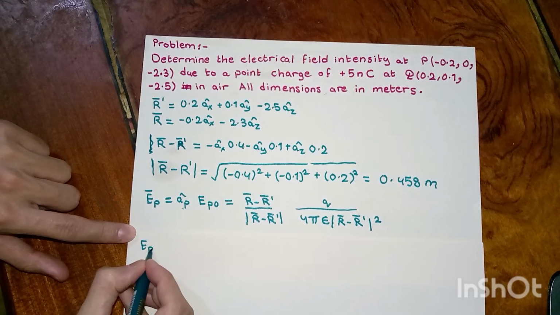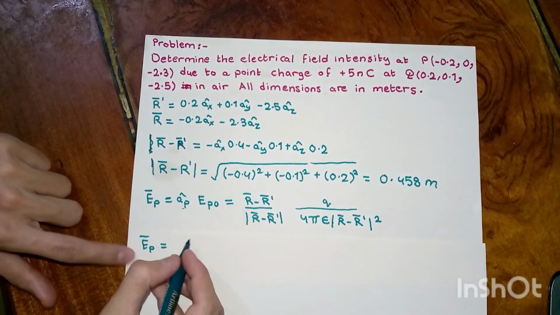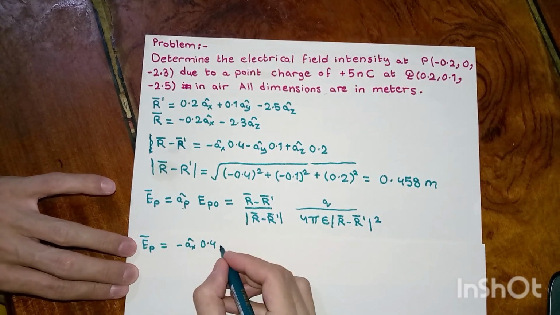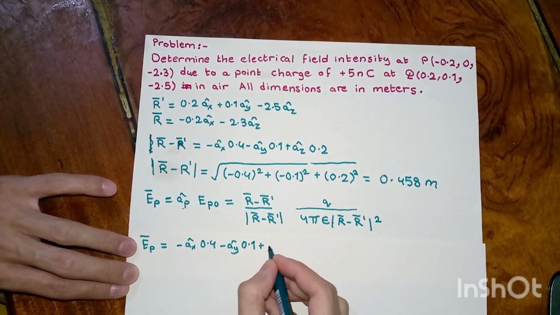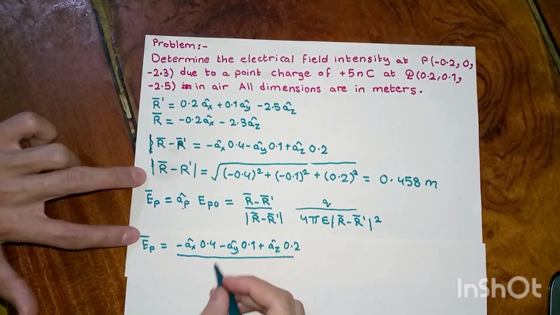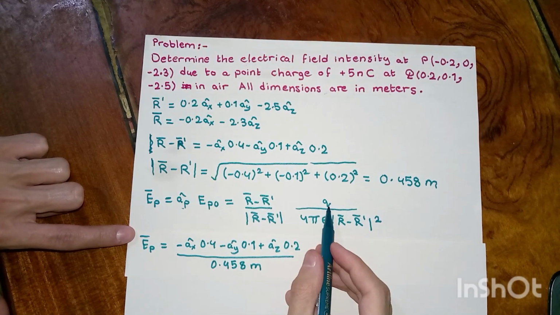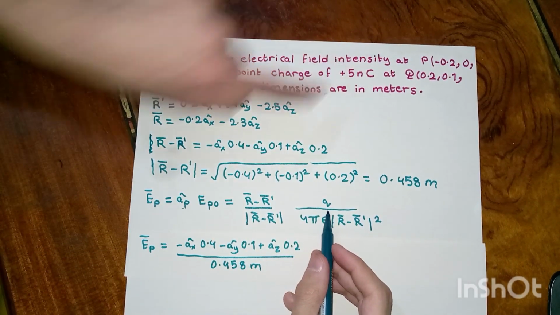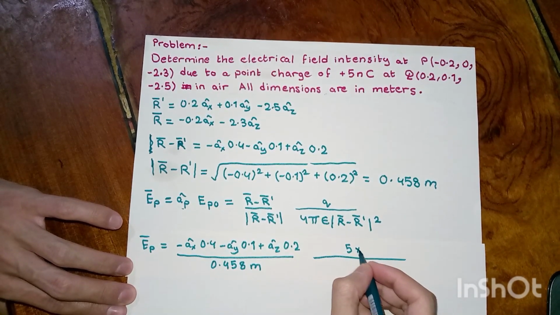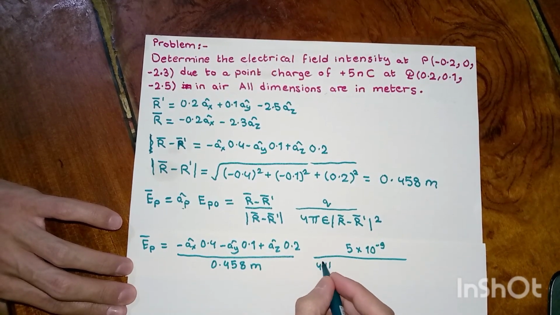Okay, E sub p is equal to r minus r primed, which is this vector, divided by the modulus. Q is the quantity of the charge, and it's given in the problem as 5 nanocoulomb, which is 5 times 10 to the power of minus 9, divided by 4 pi epsilon.